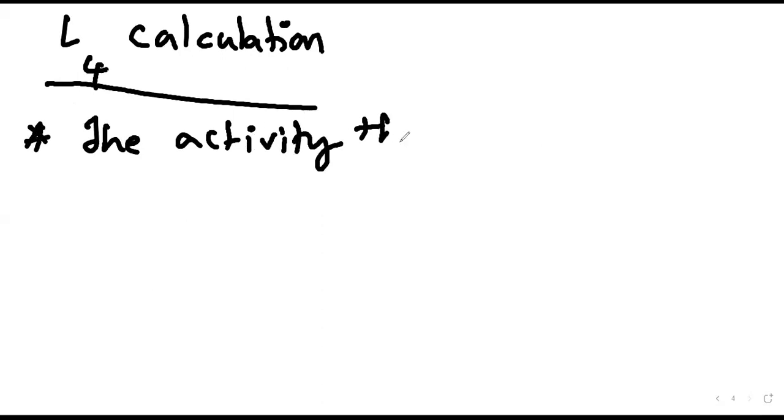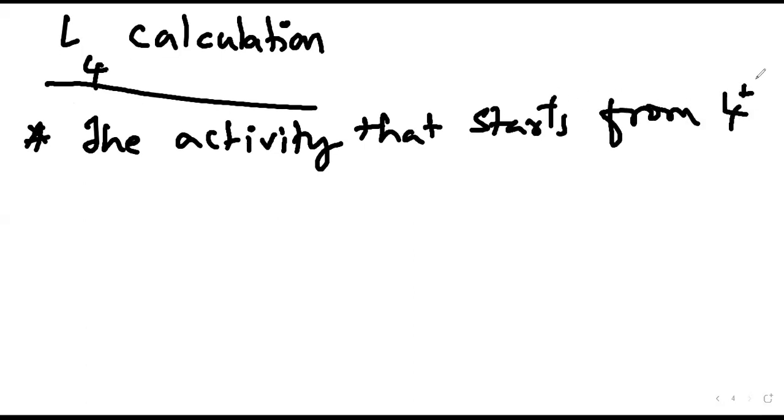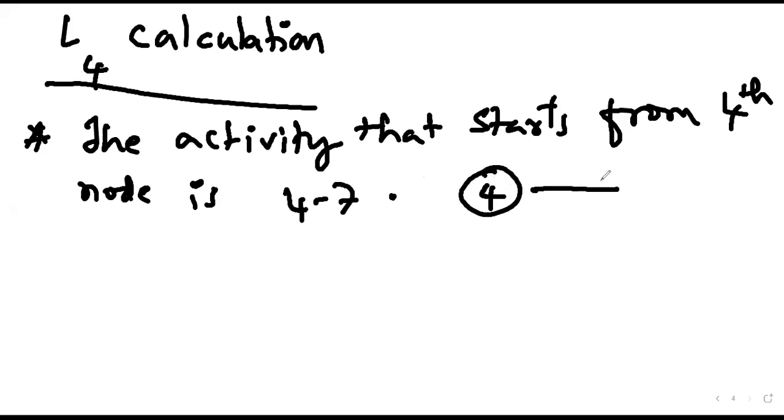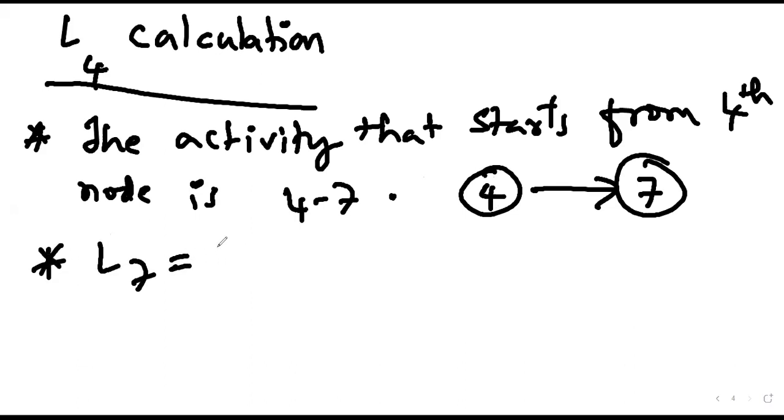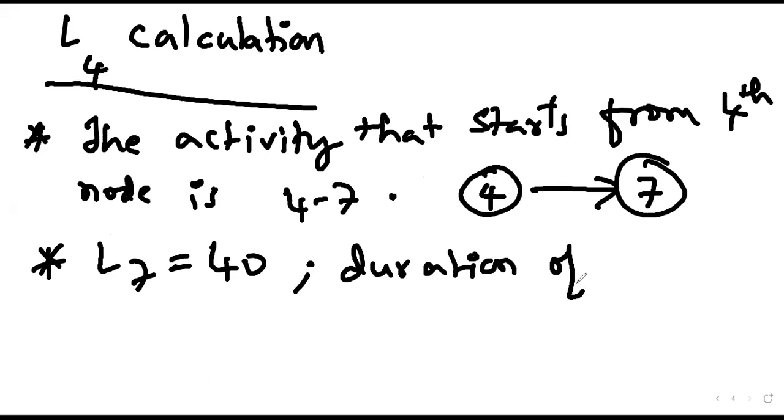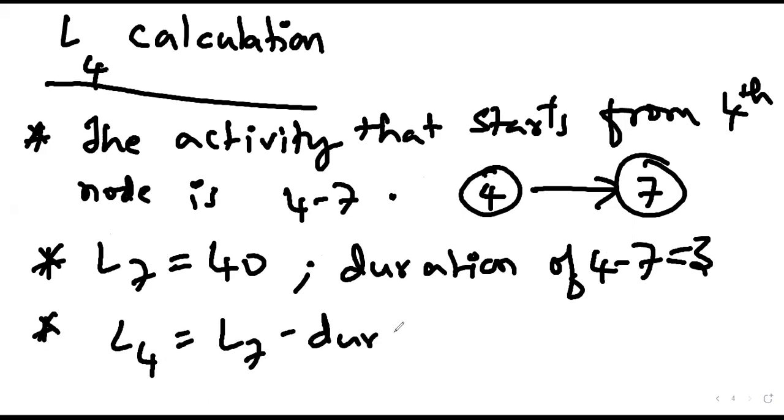The activity that starts from the fourth node is 4-7, correct? Now what is L7? 40. And the duration of 4-7? 3. Therefore, what should be L4? 37. 37, correct.